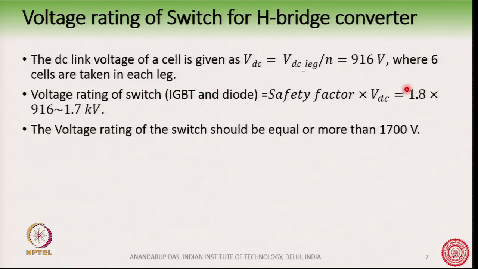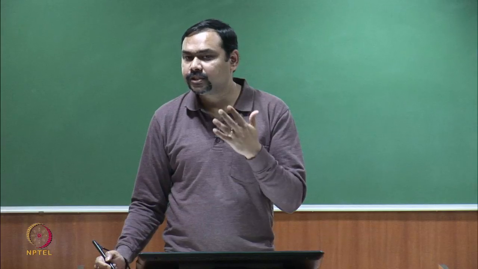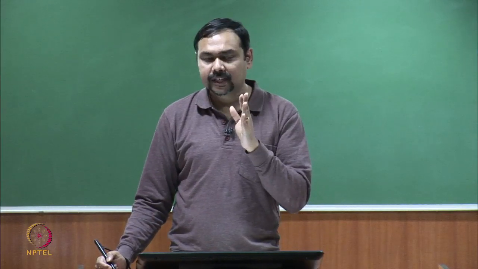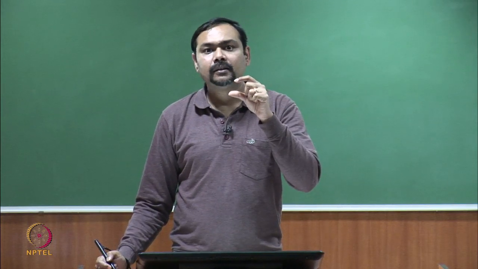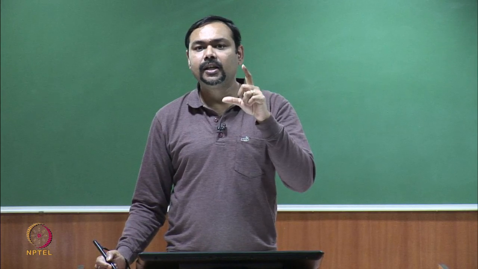So, this is one reason why we have kept 1.8. Also, momentarily, for example, you have a bypassing happening in the DC link, and during the process of bypassing, or where the IGBTs are getting shut off, you may find that the DC link voltages are temporarily increasing.